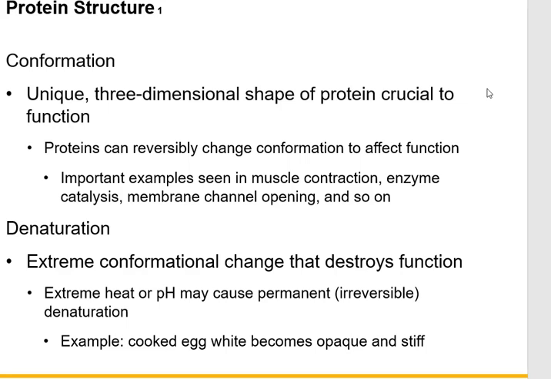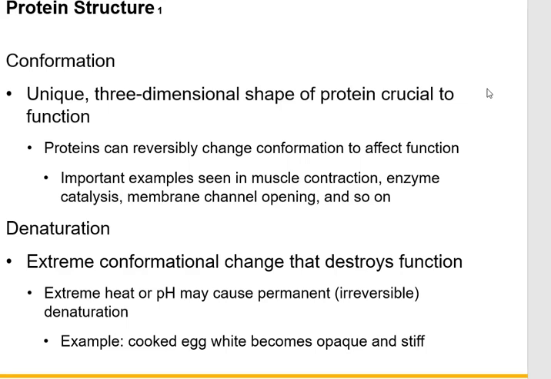So the primary structure of a protein is which amino acids. So do I start with a glycine and then follow it with a serine? Which of the amino acids, in what order do I put them together? That determines which protein that I've made.